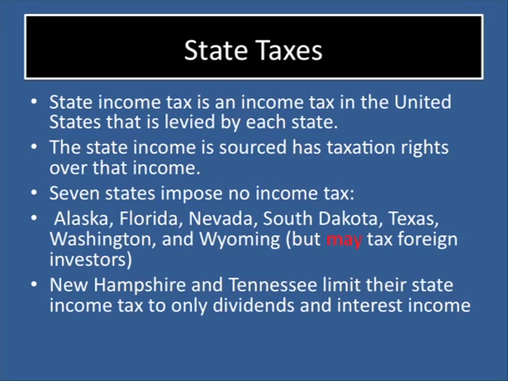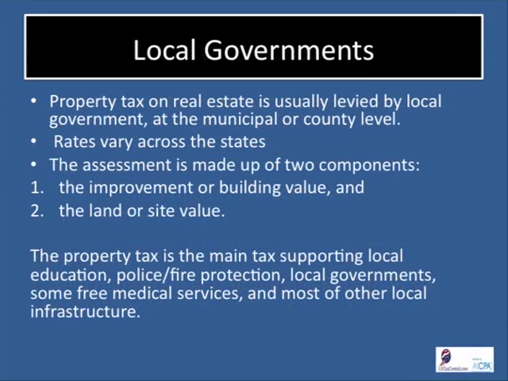Then on a local government level, on the next slide, the other type of taxes you see are property taxes, or council rates. They are assessed by the municipalities, and usually they are based on the assessed values of your properties.